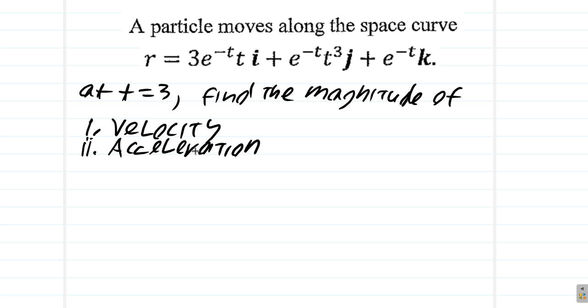You're supposed to find, at t equals 3, the velocity and the acceleration. Alright?